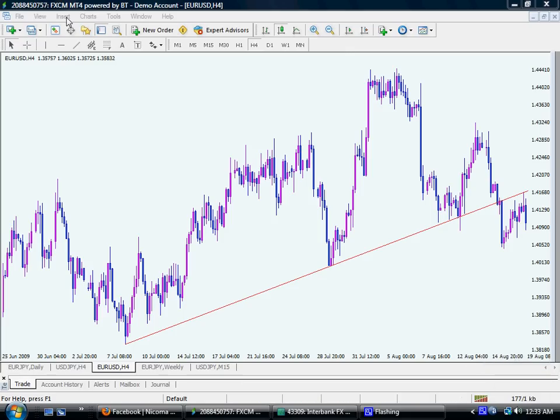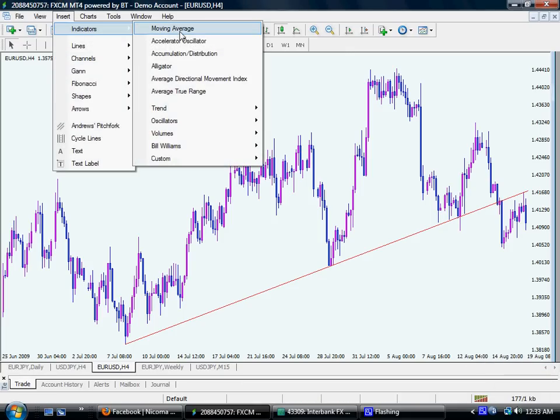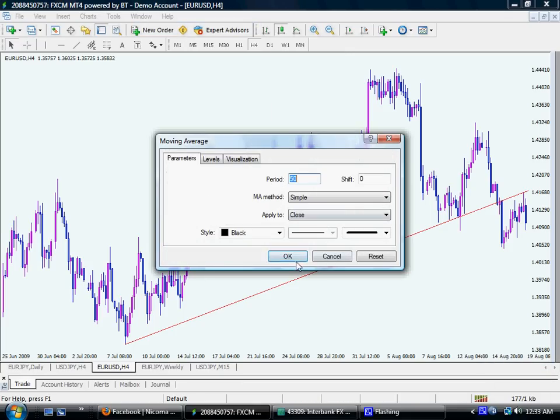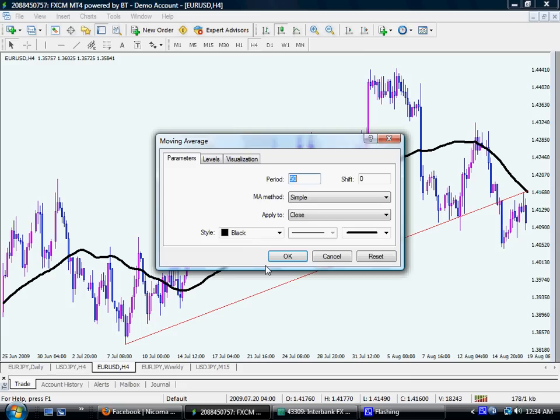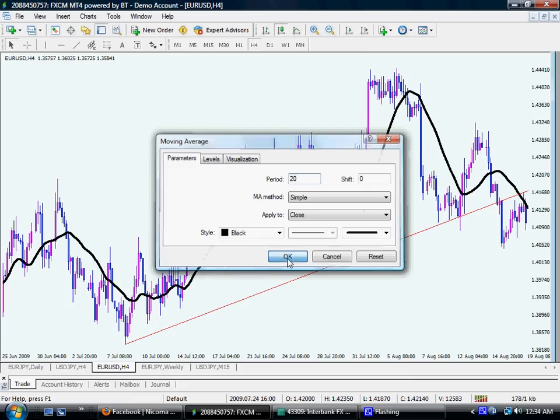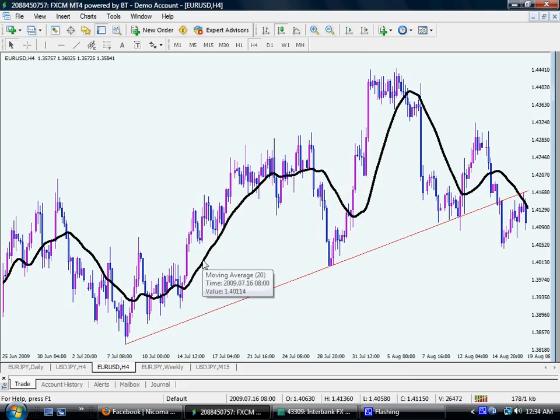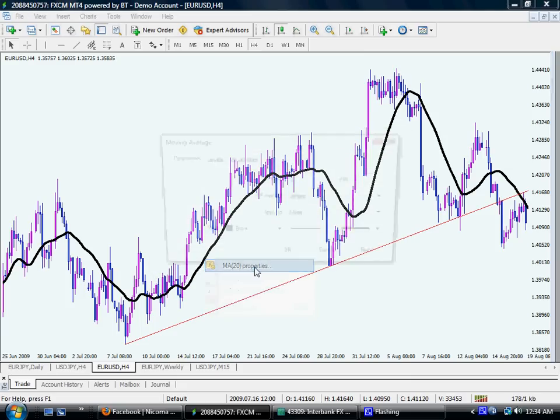Now, you may also insert a moving average to do this. And today I'm using a 50 period as opposed to a 20 period moving average. But if you're more comfortable, you can use a 20 period moving average as well. Either way is totally up to you, whichever one you're more comfortable with.